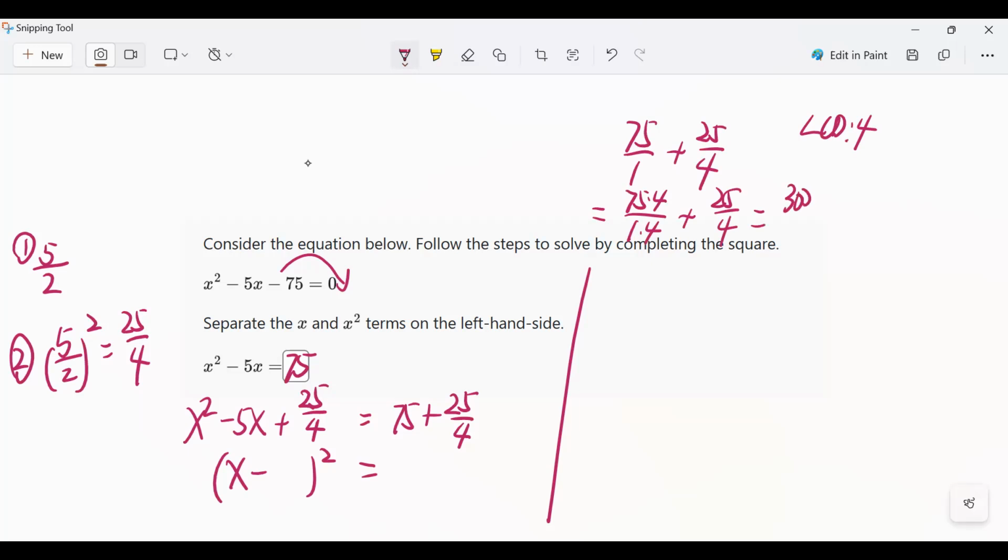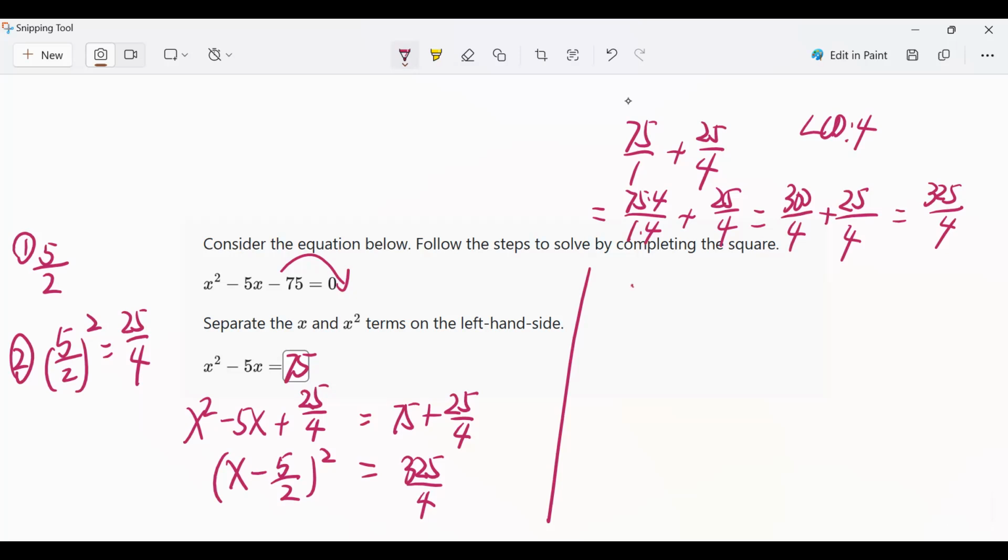That's going to be 300/4 adding 25/4. That's going to be 325/4. So this is x minus 5/2 squared, and now we get 325/4 on the right hand side.